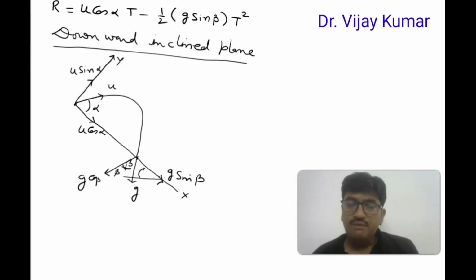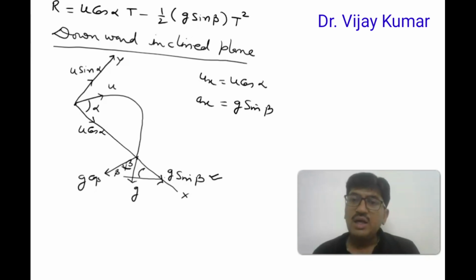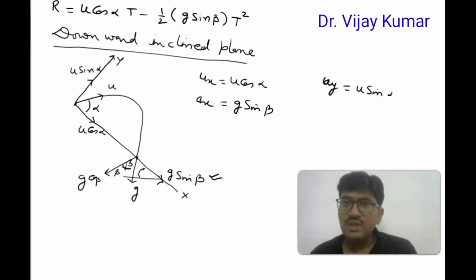So in this case ux should be u cos alpha in the x direction, and acceleration should be g sin beta. And in the y dimension, uy should be u sin alpha, and ay should be g cos beta.